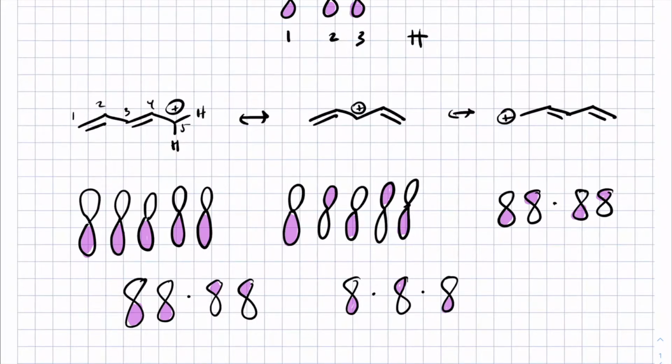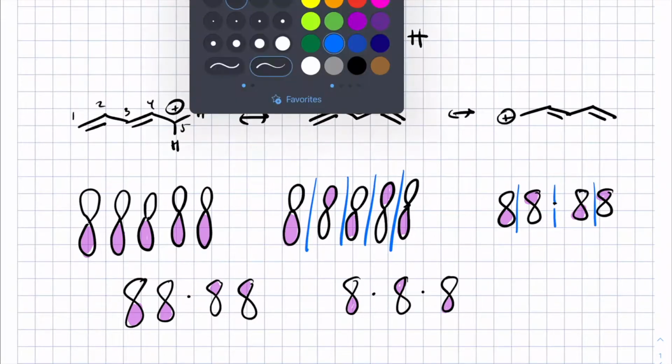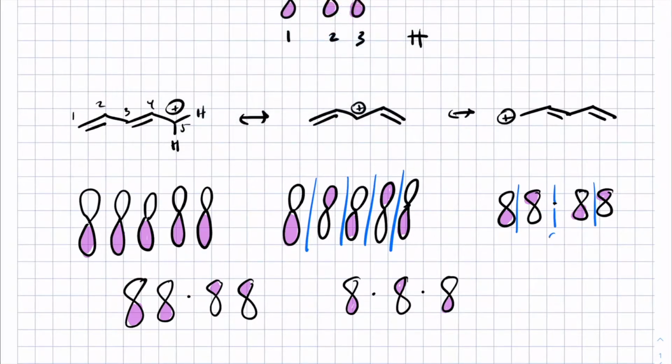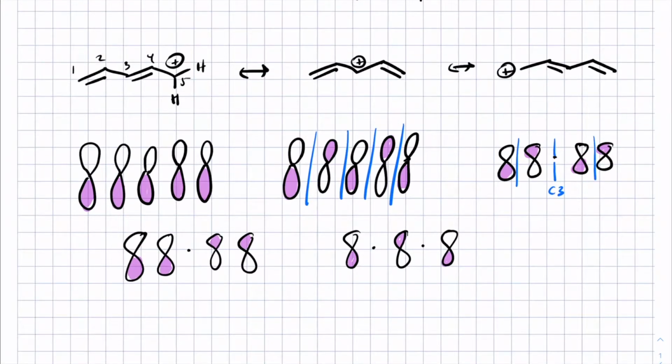So this orbital doesn't have any vertical nodes. This one looks like it has the maximum number of vertical nodes. The one to our right looks like it has 2, and then another that corresponds and coincides with carbon 3, so that there's no electron density on carbon 3 in that orbital.